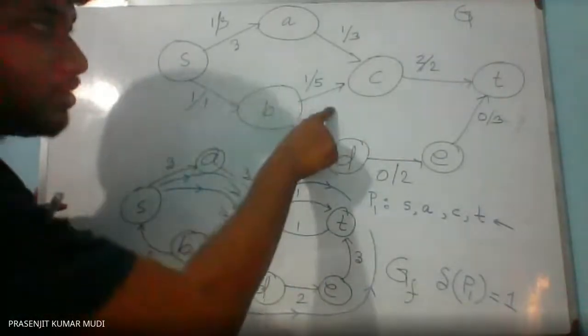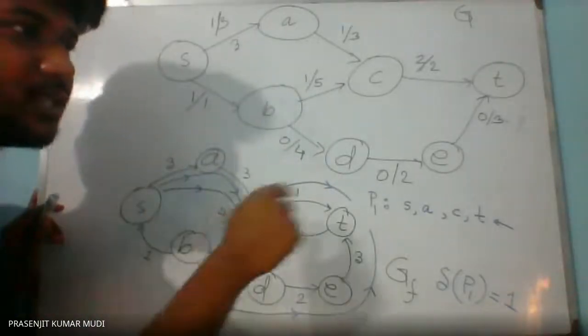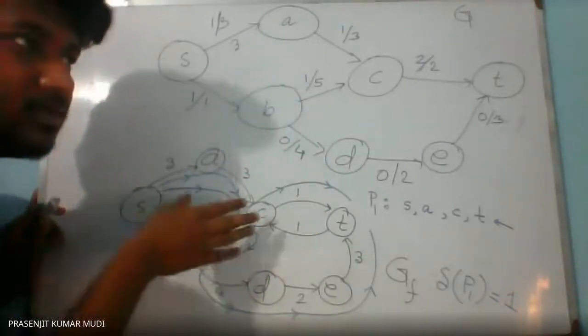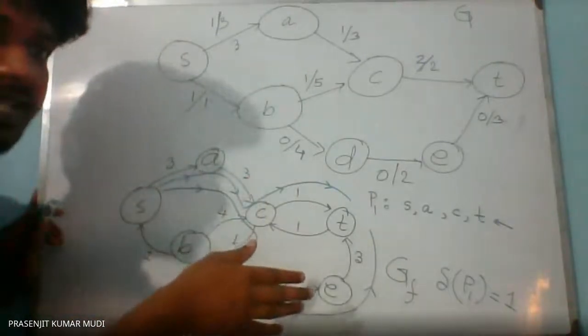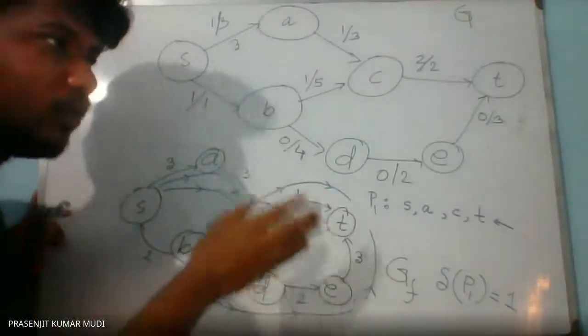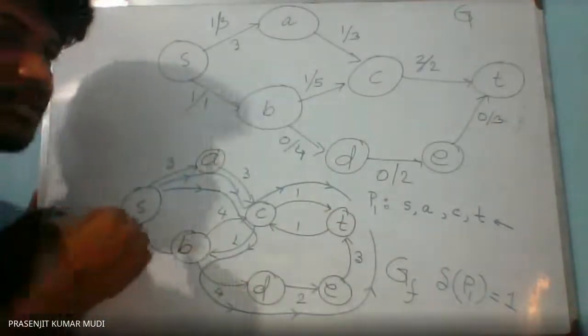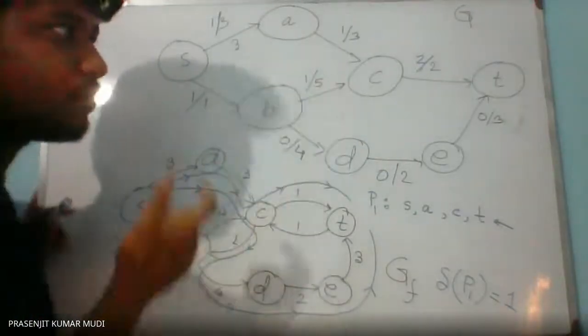In the flow network there is no forward edge, but in the residual network there is a forward edge, and that forward edge lies along the augmenting path selected. So you have to increase the flow along that forward edge present in the residual network but not present in the flow network. So how can we deal with that?